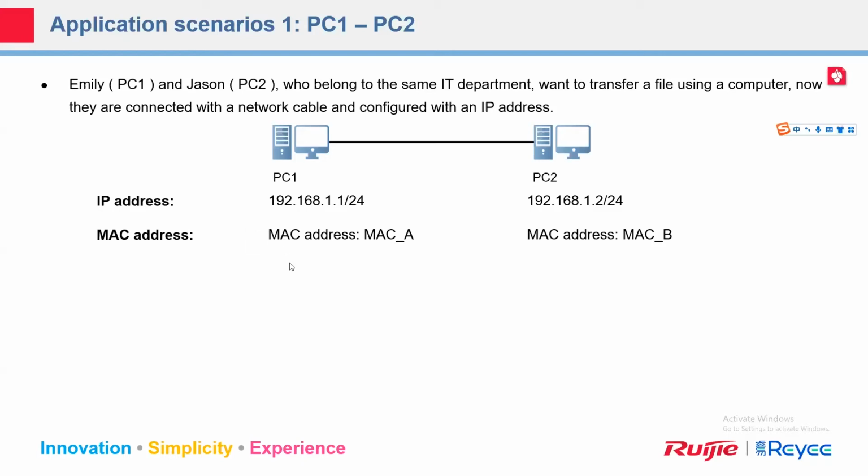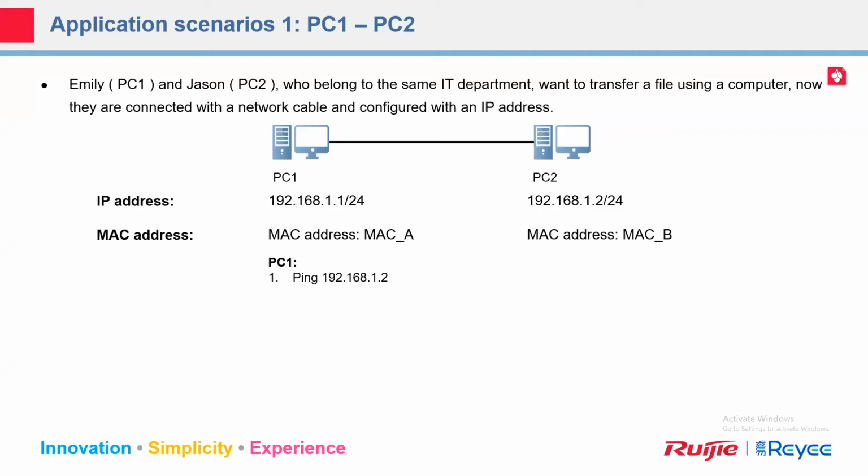On PC1, we use the ping command in DOS and give the destination IP address 192.168.1.2, right? Then the PC1, the laptop, will do the encapsulation, adding the layer 5, layer 4, layer 3, and layer 2 information.